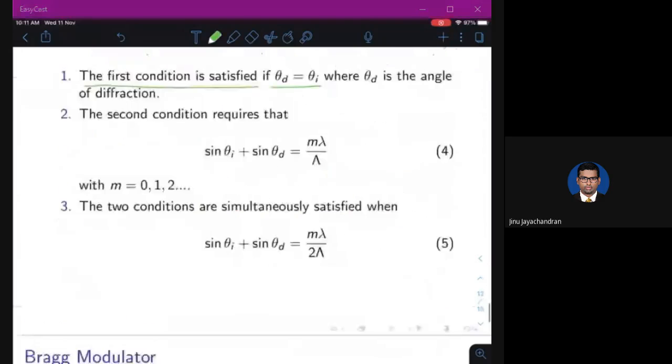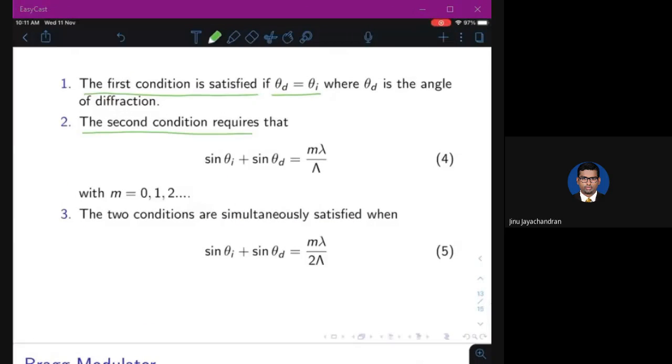The second condition requires that sine theta I plus sine theta d is equal to m lambda by capital lambda, where lambda is the wavelength of the incident optical wave, and capital lambda is the wavelength of the acoustic wave.